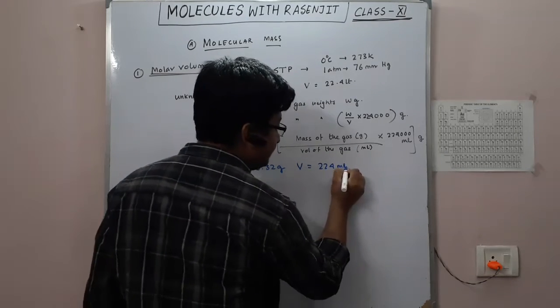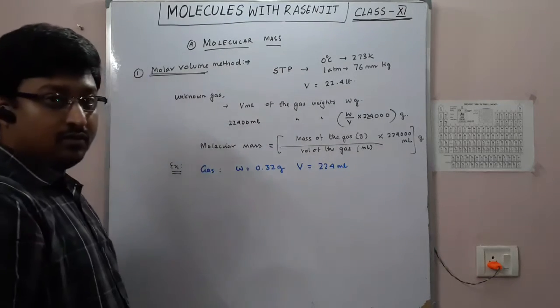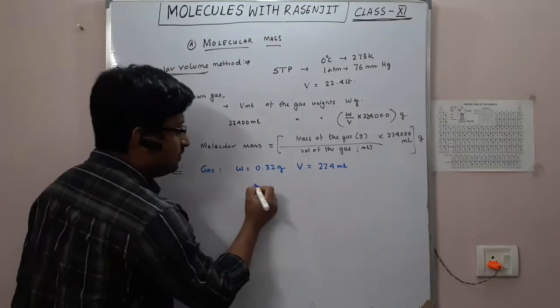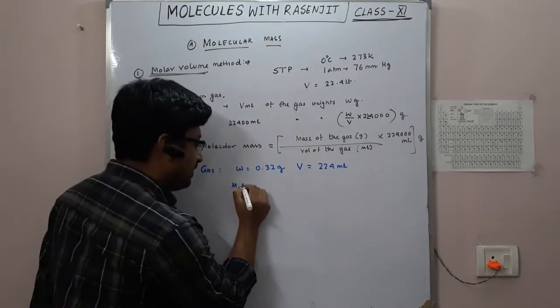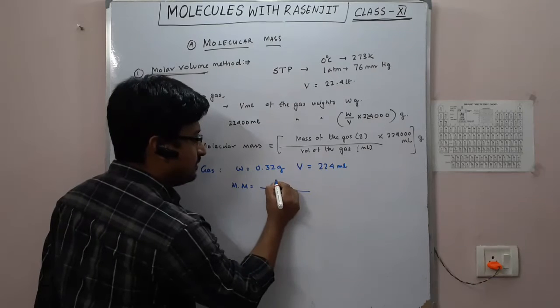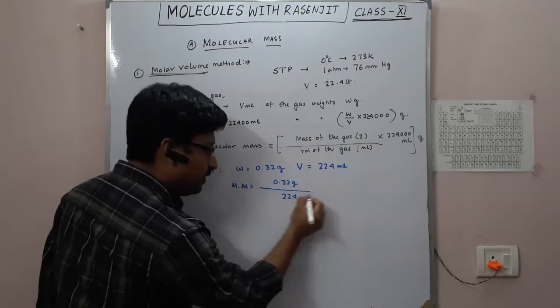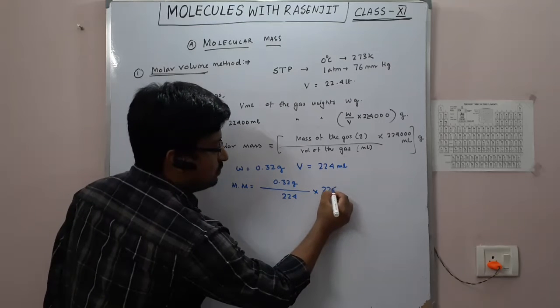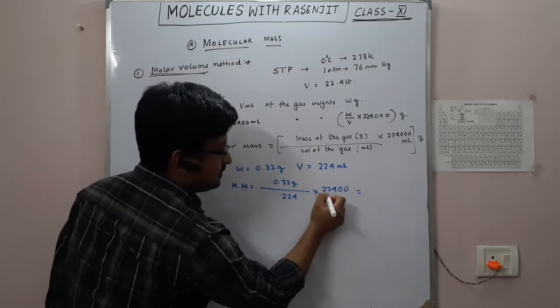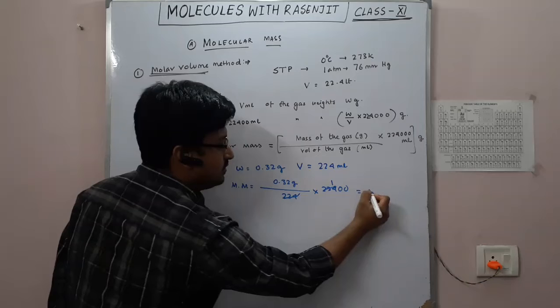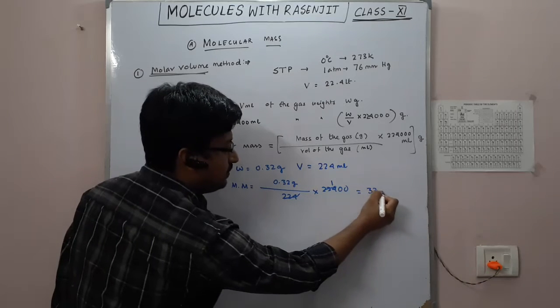What is the molecular mass then? It is the mass of the gas, 0.32 grams, divided by 224, multiplied by 22400. It is nothing but 32 grams.